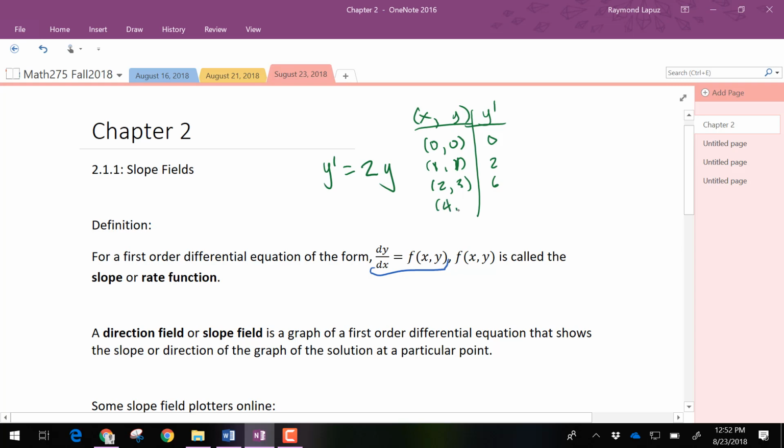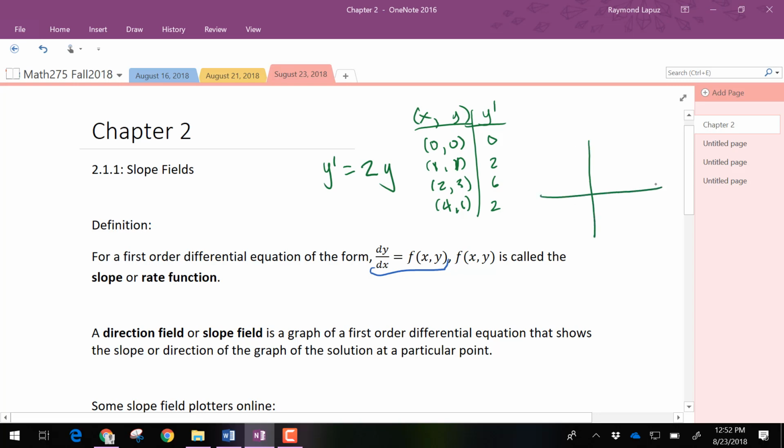How about 4, 1, 2? This can get tedious really quickly, right? So let's just take these sample points and imagine how the graph is going to look.